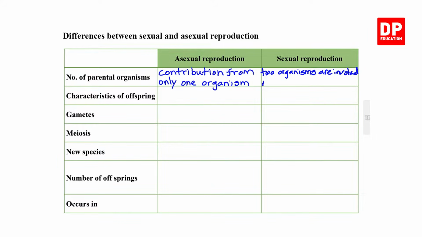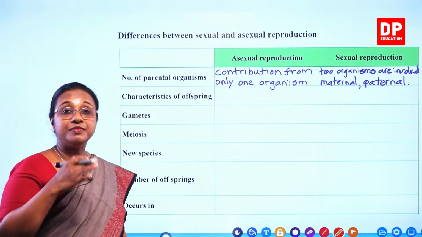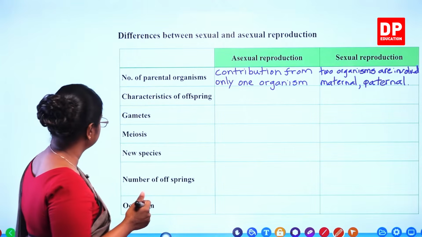One is known as the maternal organism, the other is known as the paternal organism, like the mother and father, or female and male organisms.